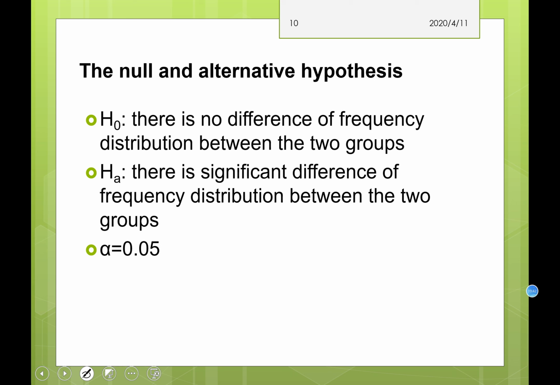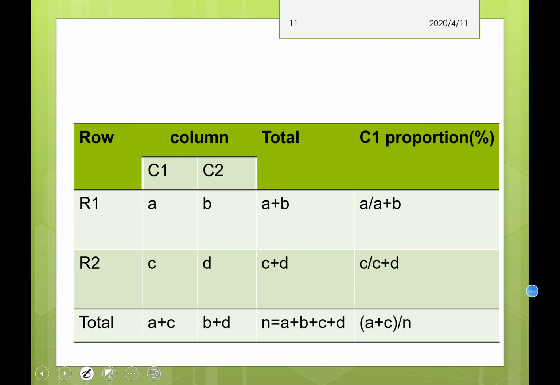So HA is that there is a significant difference between the two groups, and the alpha significance level is still two-sided 0.05, and you can omit two-sided because in our medical statistics we don't talk about the one-sided test.